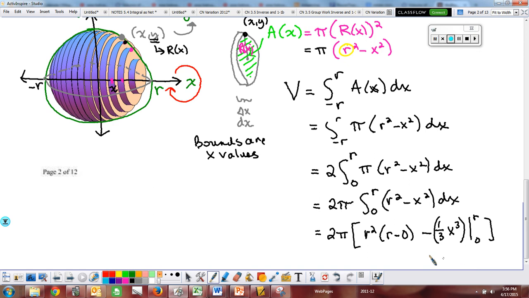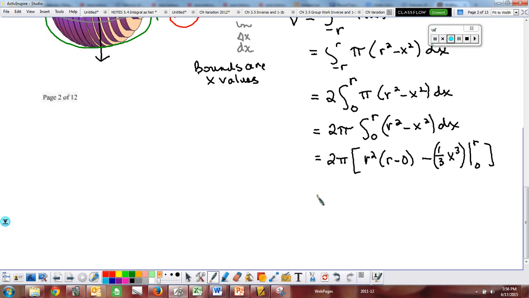So that's me just doing our calculations. So we have 2 pi, this becomes r cubed, I'm going to go ahead and multiply through while I'm here, minus 2 pi times, now I plug in my r, 1/3 r cubed minus 0.